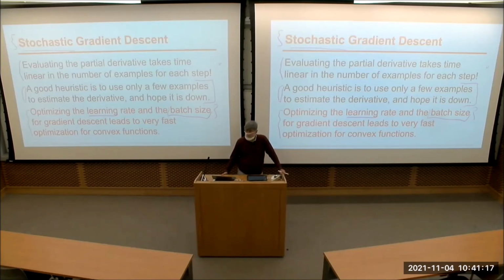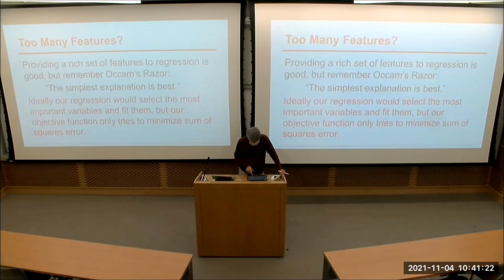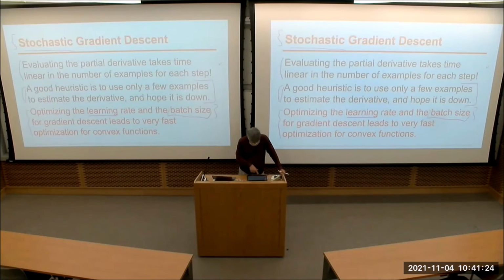Any questions? So this is stochastic gradient descent, and it is, I will say, the primary algorithm used in training many types of machine learning models, including deep learning. Any questions about that?